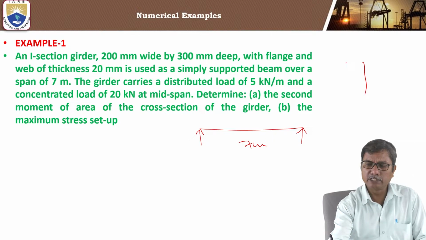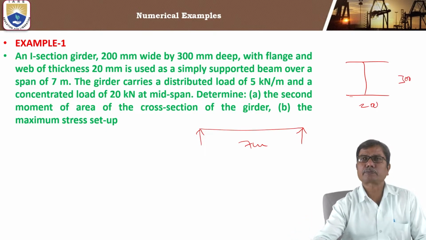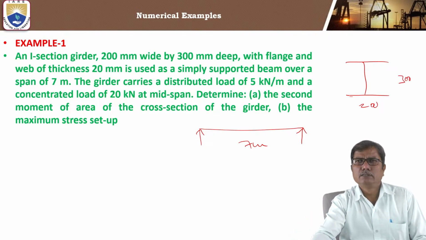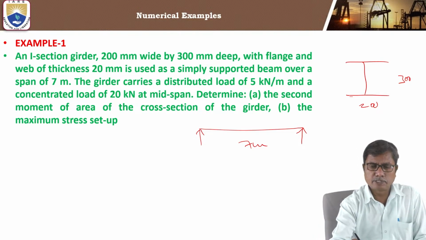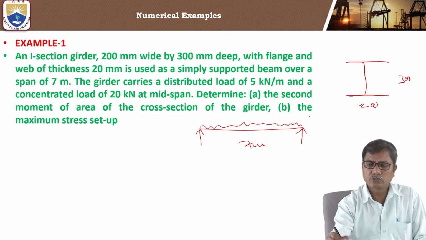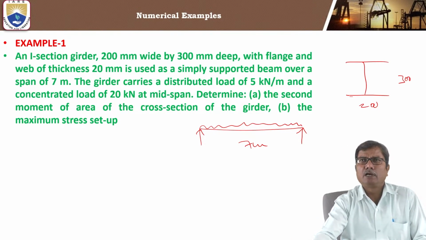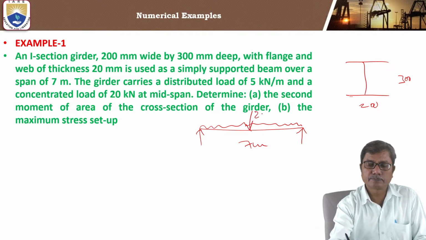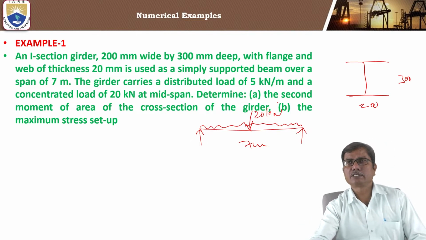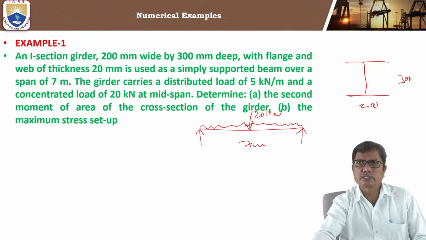The cross section is an I section with width 200 and depth 300 mm. The girder carries a distributed load of 5 kN per meter, so UDL over the span is 5 kN per meter, and a concentrated load of 20 kilonewtons at mid span.